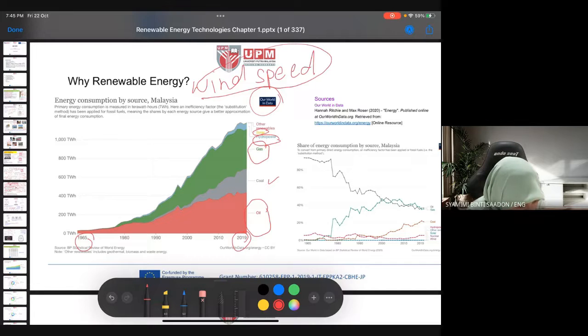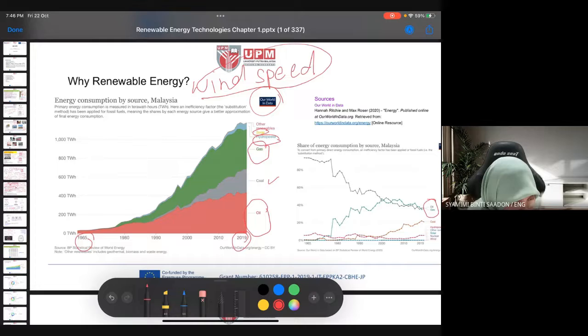Okay, lepas tu this one is share of energy consumption by source. Lebih kurang sama. Okay, so we have this one on the right hand side in terms of percentage. So our oil and gas still a dominant, the majority consumption, but oil start to decrease.